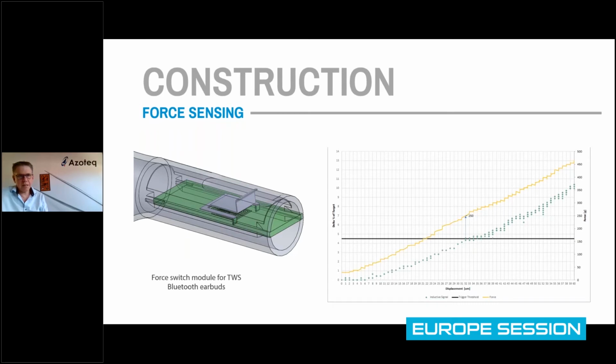So you can adjust the threshold to be more sensitive or less sensitive, or even something linear like I have on the screen right now. Just maybe one more point while I have this on the screen is the advantage of this force sensing, especially in this true wireless application, over capacitive sensing.